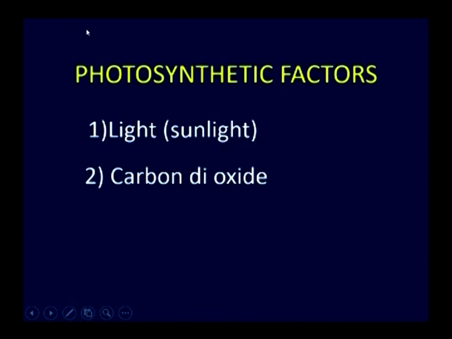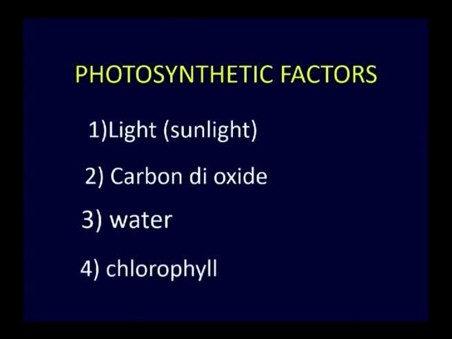Next, the carbon dioxide which is available in the atmosphere, and next water available underground, which is taken by the roots, and next chlorophyll, a green pigment present in the chloroplast which has the capacity of trapping solar energy. So these are the factors. What are the factors? Light, carbon dioxide, water and chlorophyll.